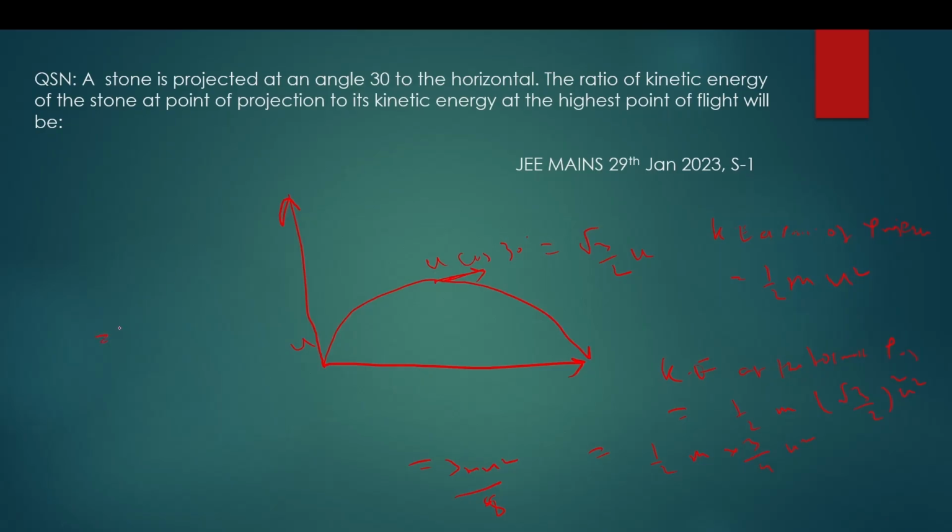So the ratio is half m u square upon 3 by 8 m u square. m u square is cancelled, and 8 and 2 are cancelled to give 4, so it will be 4 upon 3, the ratio of kinetic energy of the stone at projection to the kinetic energy at the highest point of the flight. So the ratio is 4:3, and this came in your JEE Mains 29 January 2023 shift 1.